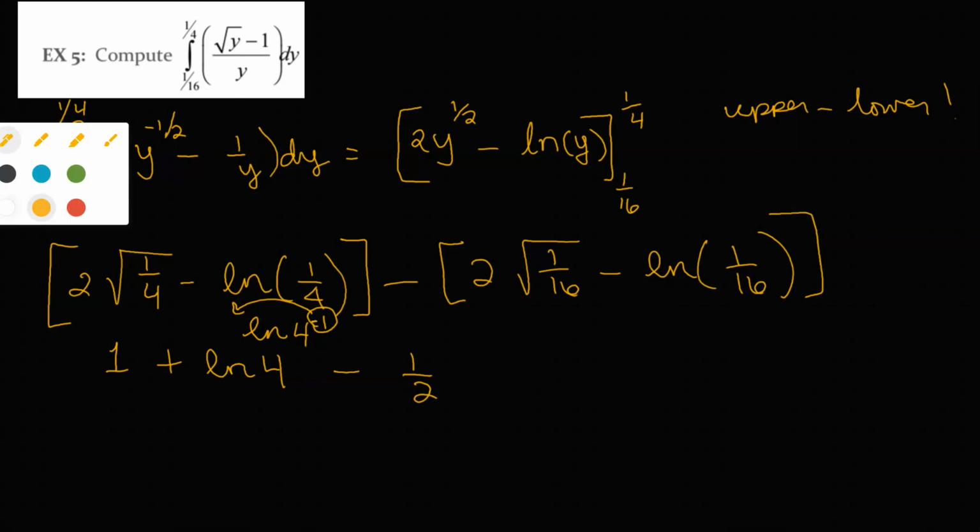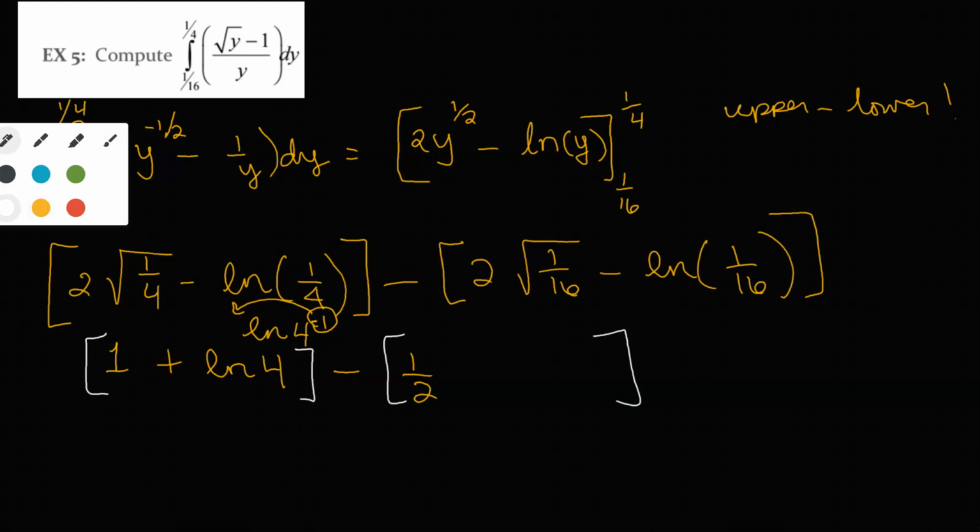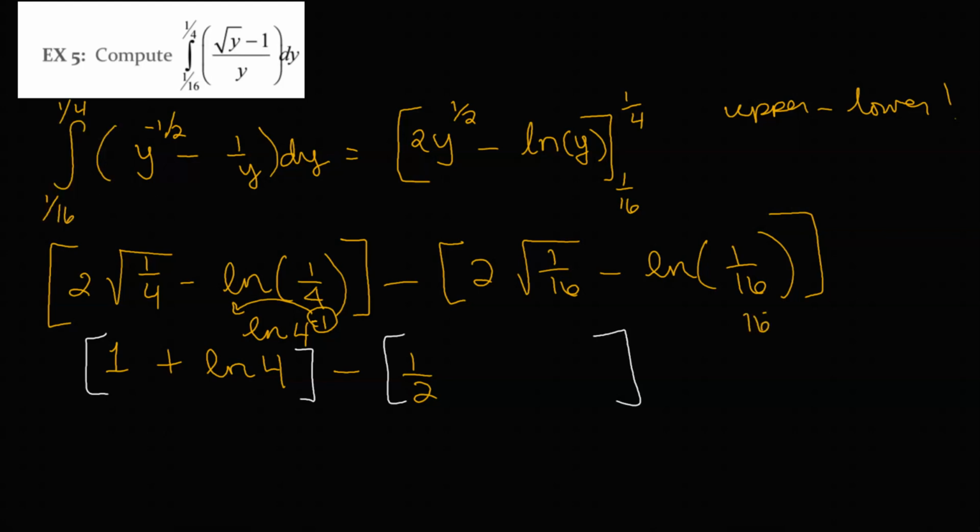Actually, it'd be nice to keep this here and keep this here so you can see. Then ln of 1/16: 1/16 is 16 to the negative 1 power, and the negative exponent goes in front, so that becomes plus ln of 16.